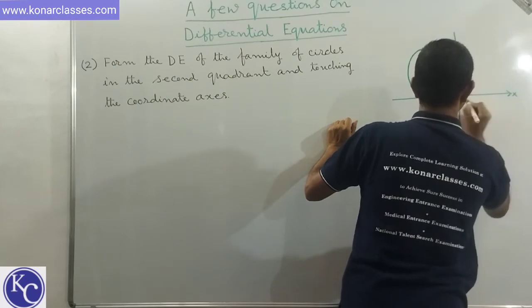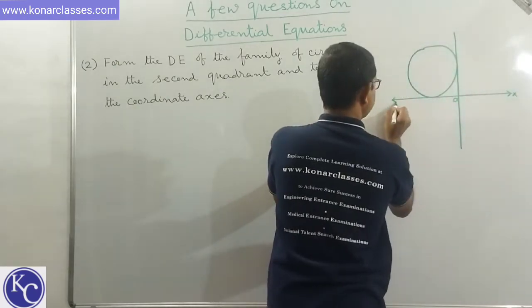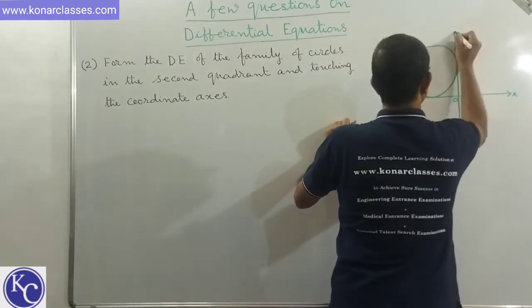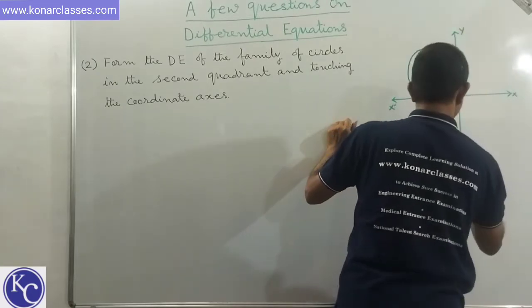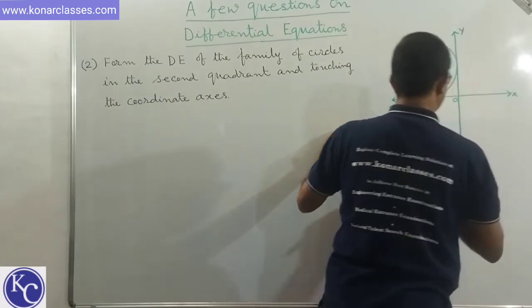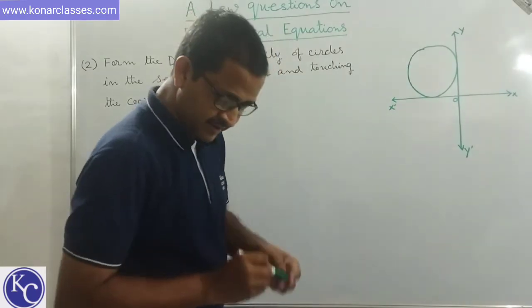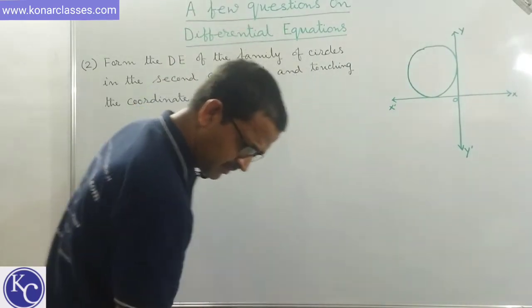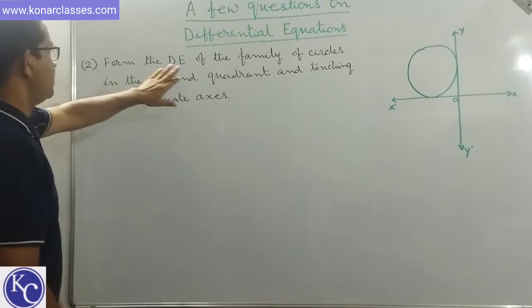Suppose this is the positive direction of the x-axis, this is the negative direction of the x-axis, this is the positive direction of the y-axis, this is the negative direction of the y-axis. Now, this particular question represents this one, a family of circles.